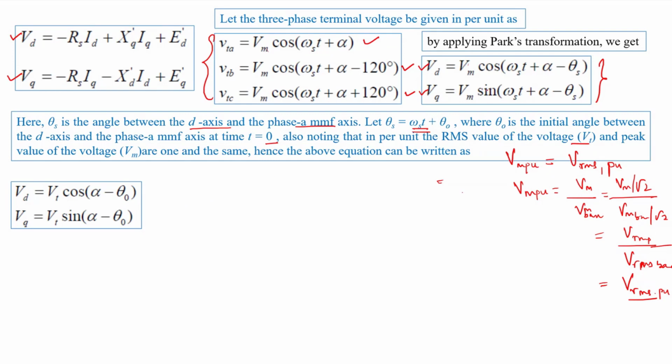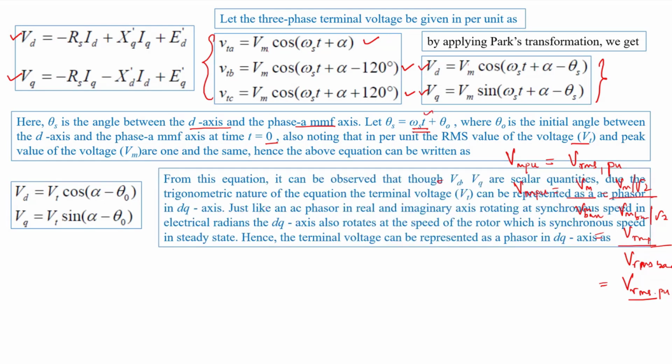Because we substituted theta s equal to omega s t plus theta o, from this equation it can be observed that Vd and Vq are scalar quantities.